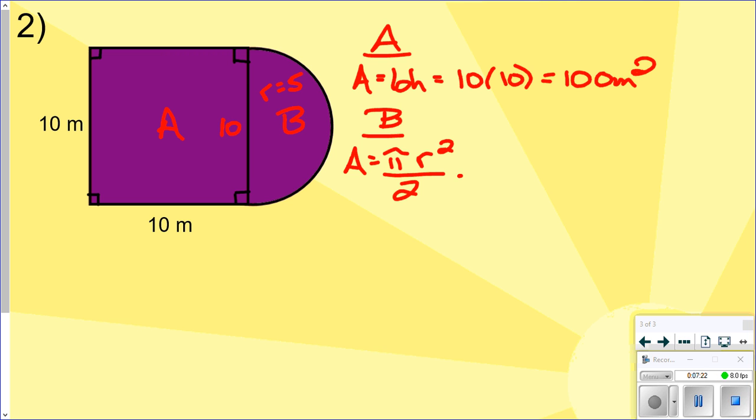So we're going to do 3.14 times the radius squared, that's radius times radius, and then divide all of that by 2. Let me put this in my calculator. 3.14 times 25 divided by 2, and I get 39.25 meters squared.